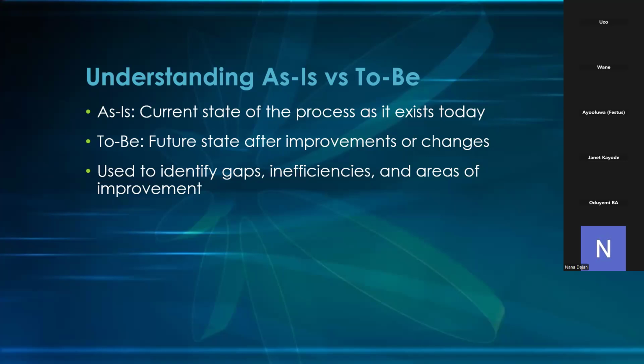So the gap that is in between is called gap analysis. So you're trying to understand the gap analysis, and one of the many ways to do a gap analysis is to create a process map by mapping out the current state versus the future states.